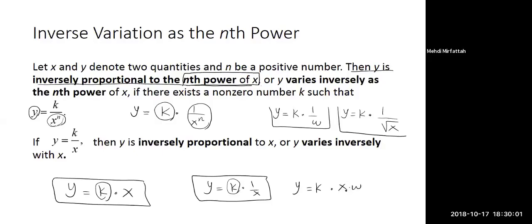I could make a combination of those two. I can say y varies directly with x, inversely with w. How would you write that? Y varies some factor k directly with x, so x goes to the top of the fraction, inversely with w goes to the bottom of the fraction. So you can see you don't have to memorize any of these formulas. You just have to read the question, see what it is, and write the formula.